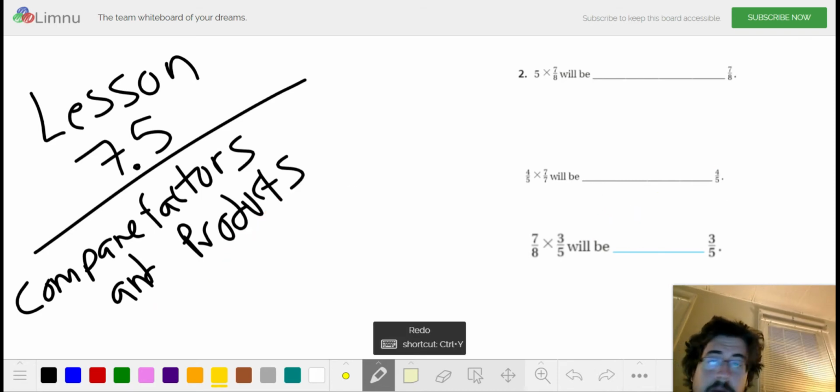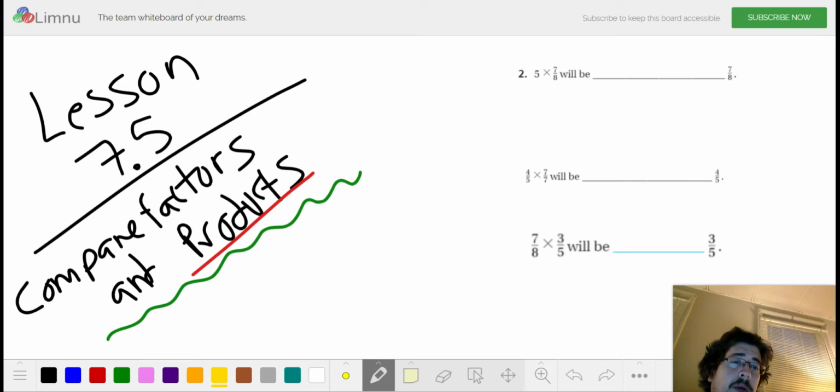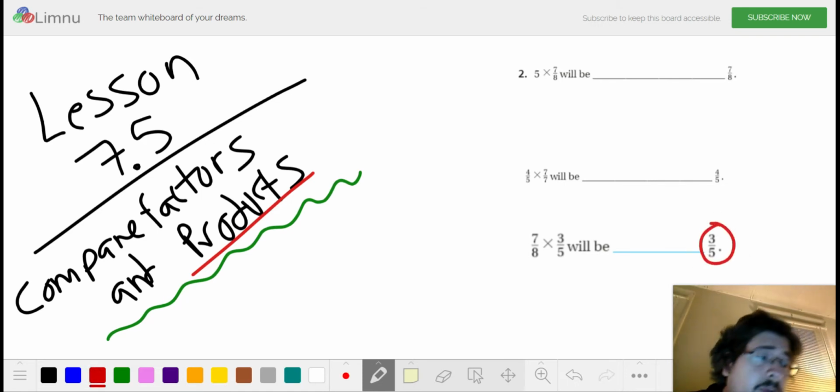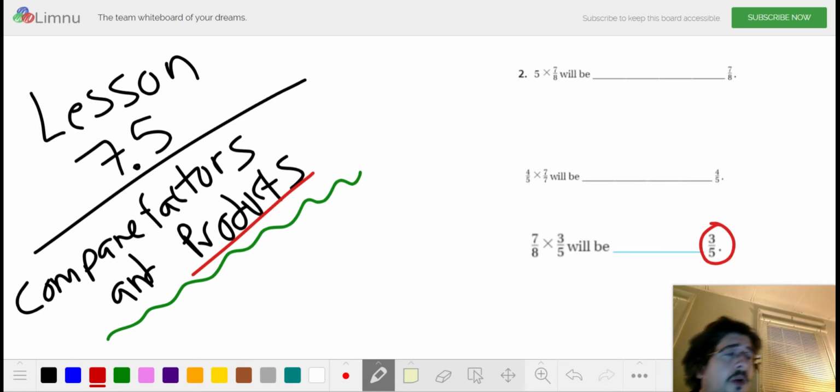Let's take a look at this last problem down here. We have 7/8 multiplied by 3/5. Will it be more or less than 3/5? So the product's going to be equal to 3/5, more than 3/5, or less than 3/5. And the fraction that's going to determine that is this 7/8 right here. If the 7/8 is equal to 1, then it's going to be equal to 3/5. If it's more than 1, it's going to be more than 3/5.